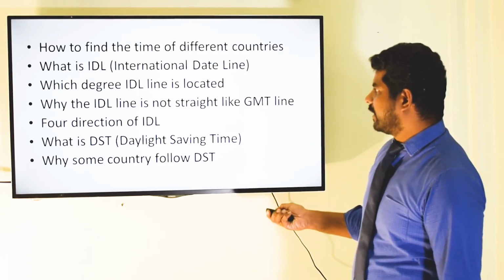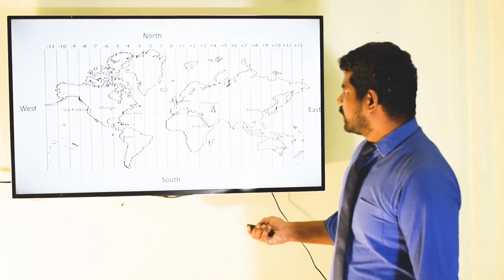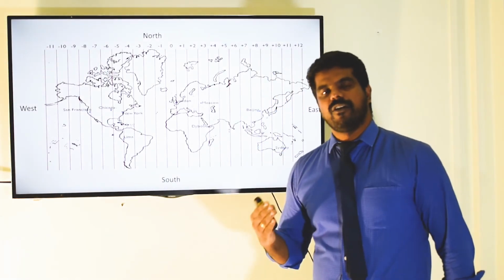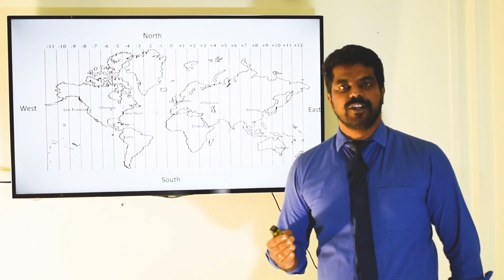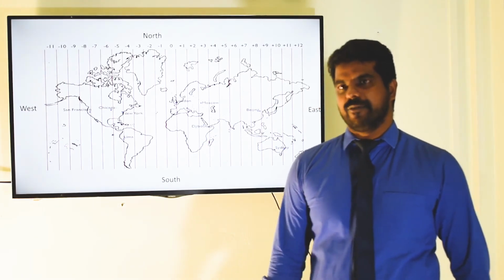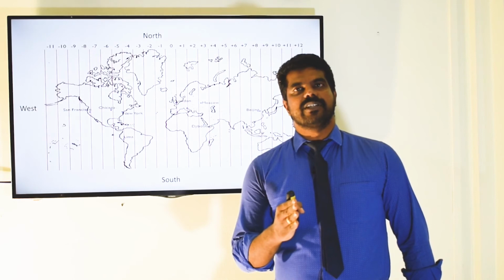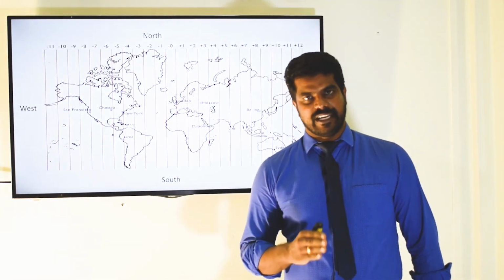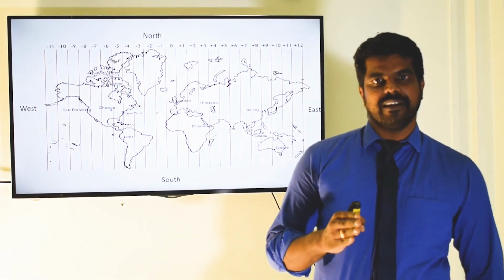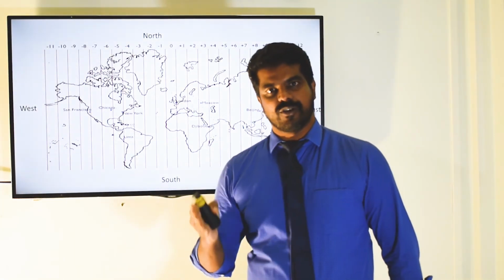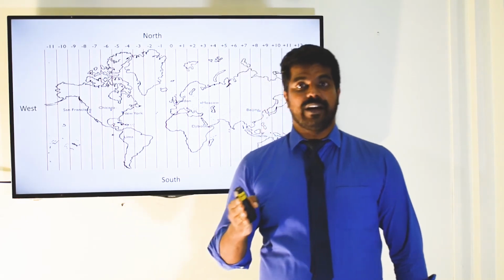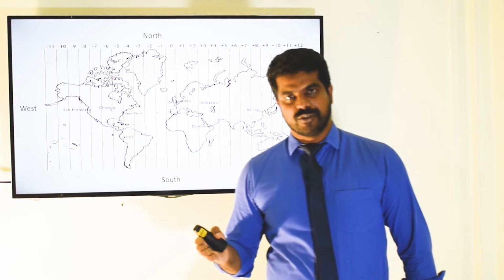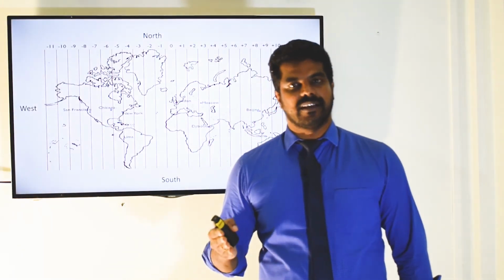So you know some of the countries, what they used to do is they turn their clock ahead 1 hour during the summertime. For example, now the time is 5 o'clock. For some countries who follow daylight saving time, when it is 5 o'clock, in summertime they will put their clock to 6 o'clock. So for us normally it will be 5 o'clock, but they put it to 6 o'clock in the summertime.